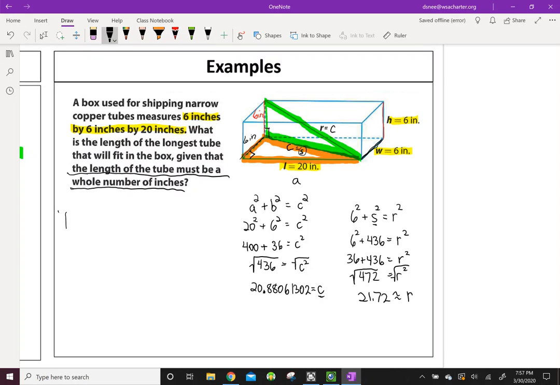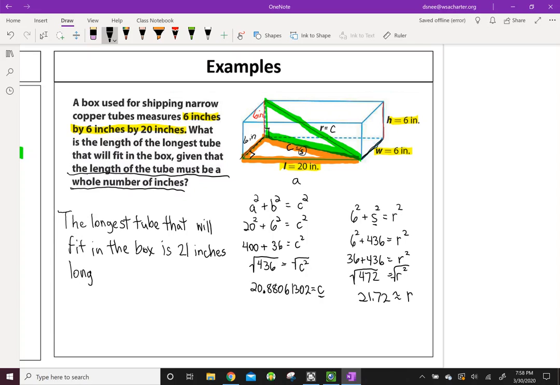We're going to say the longest tube that will fit in the box is 21 inches long.